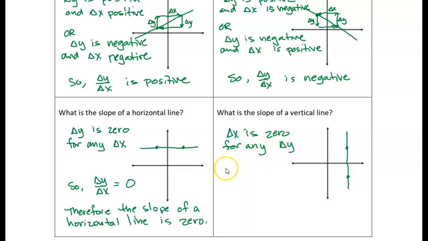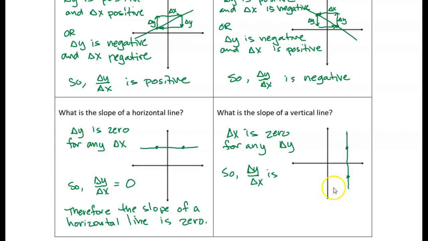But what does that mean for the slope? Slope is delta y over delta x. And I can't divide by 0, right? If I choose any 2 points on this line, then my delta x is 0. My change in x is 0. I cannot divide by 0. It's illegal.